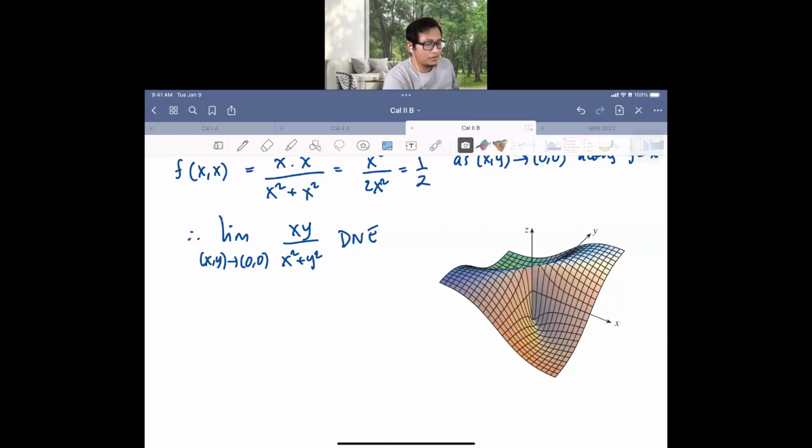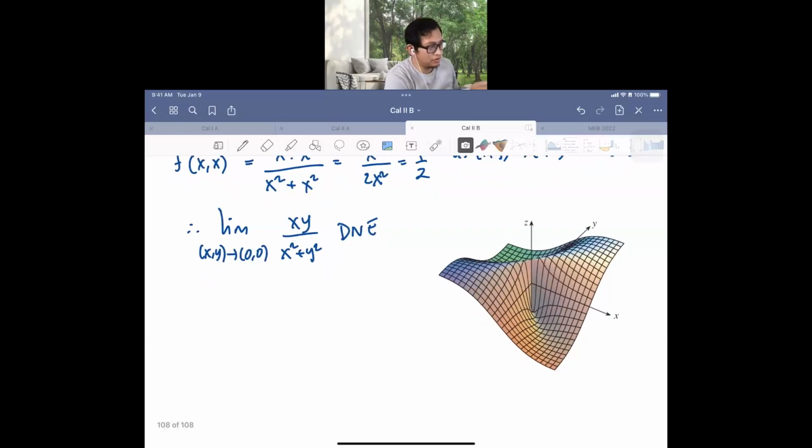If we look at y equal x, perhaps y equal x is at this line, right?